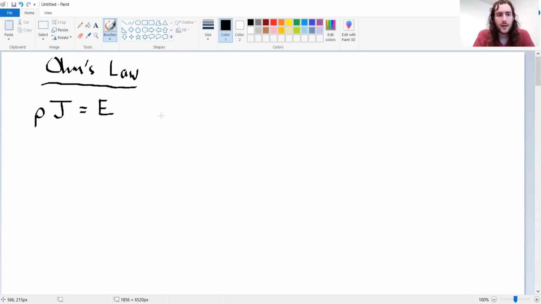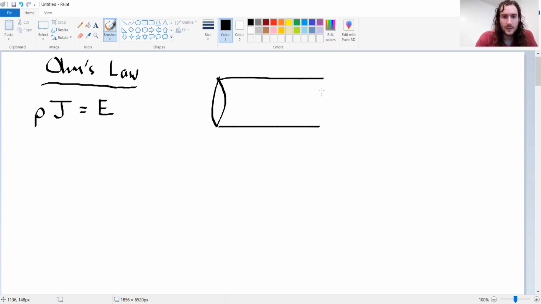Now what I want to do is work in a specific case where we have a wire like so. This wire has an electric field in it, like so. And of course, if it's a conducting wire, then it also has a J, a current density, in this direction.